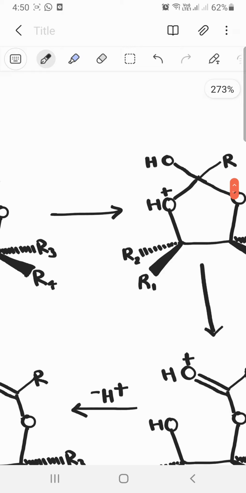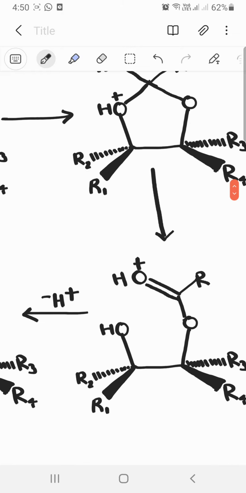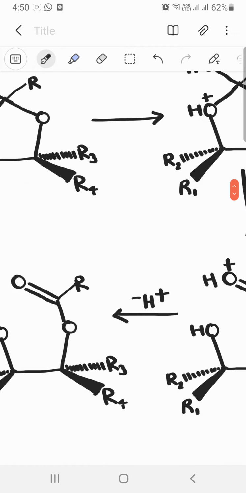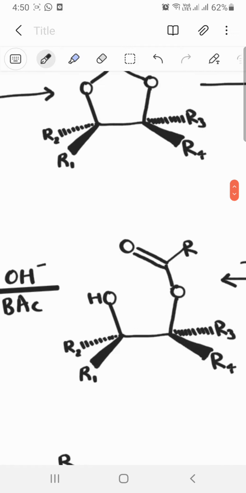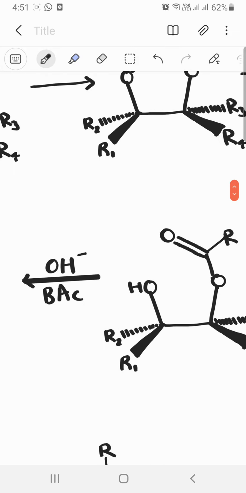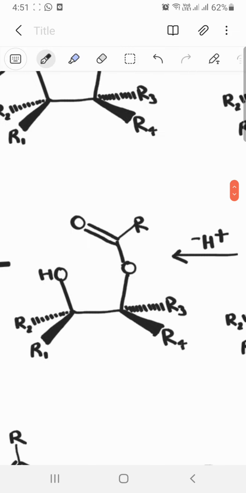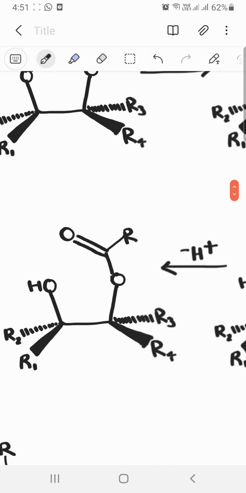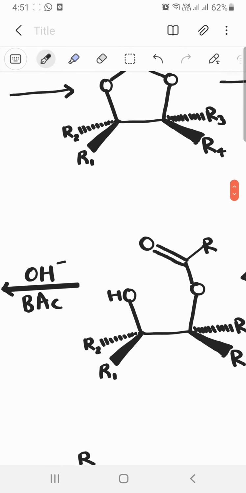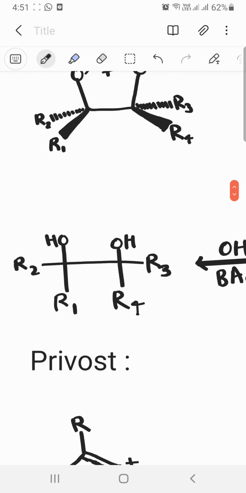These lone pairs will jump to the positive charge carrying oxygen, giving us this thing. Cool. Remove the H plus over there, you will get this thing. Then OH minus, base catalyzed acyl cleavage, right? Cool. Yeah, that looks correct.